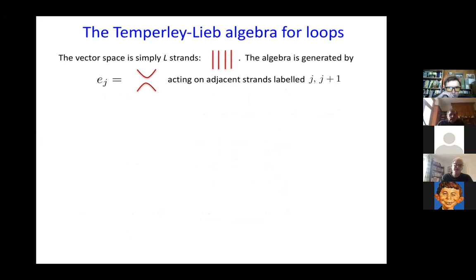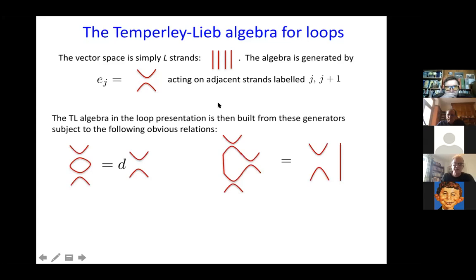The generator of the algebra says, I take 2 neighboring strands and fuse them together, leave nothing, and then undo that. That's the generator of the algebra. The other generator is the identity, don't do anything. If we label the strands 1 through L, then E_j acts on the j and j plus 1 strands.